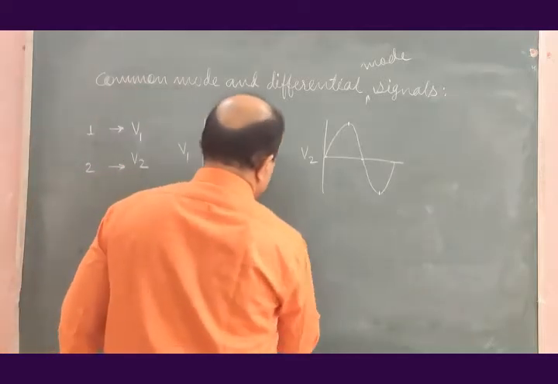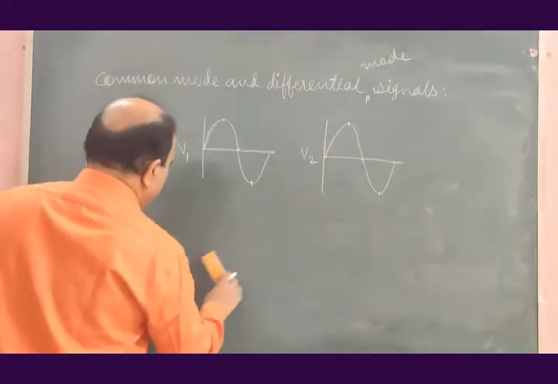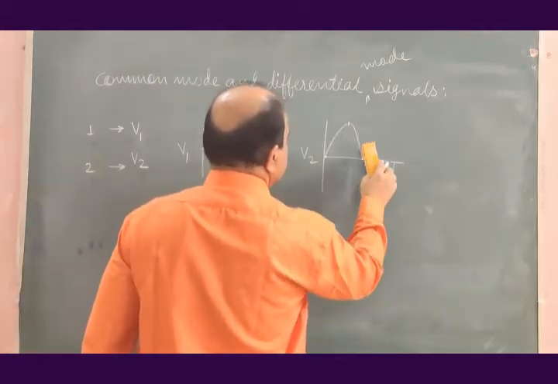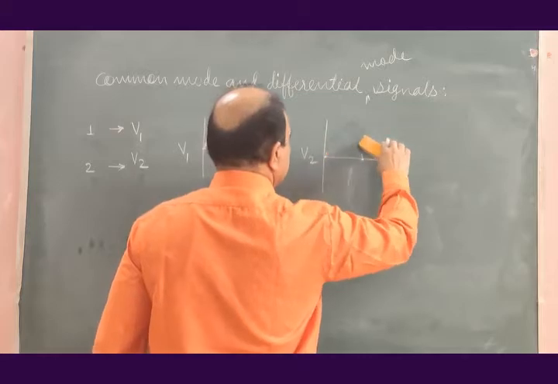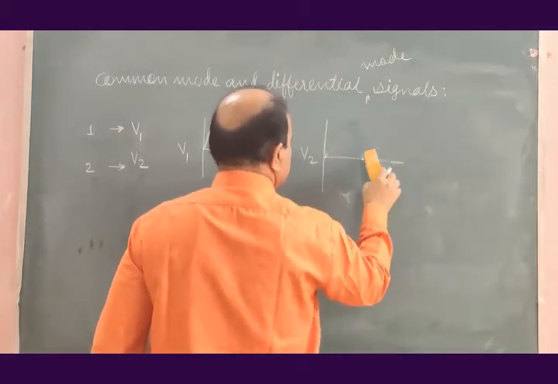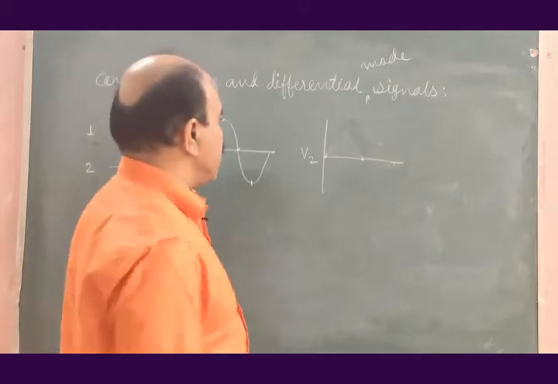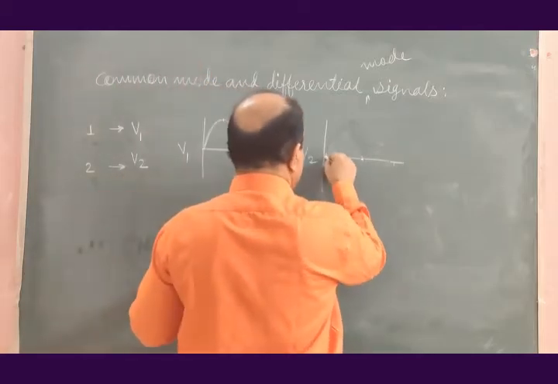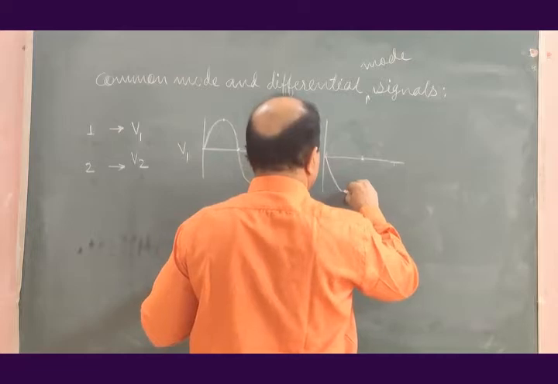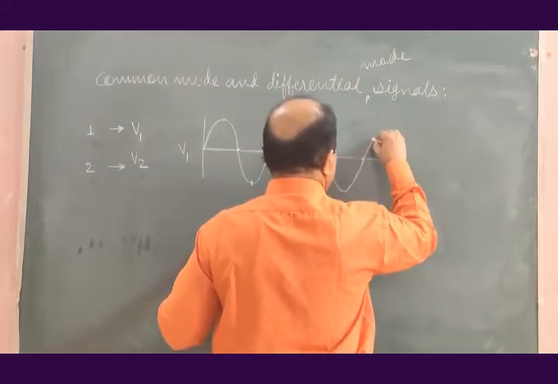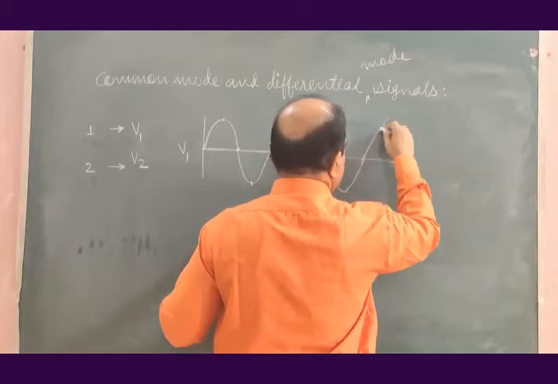Let us suppose that V1 and V2 are represented this way. V1 and V2 are such that when we represent them, they will have this nature.